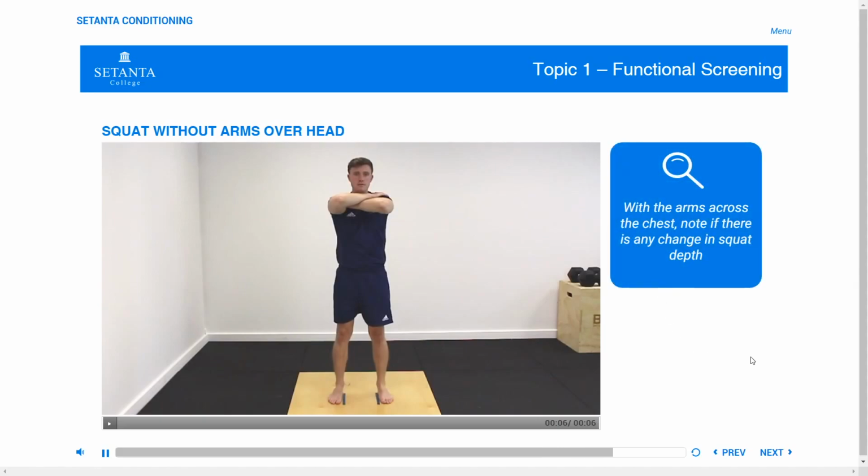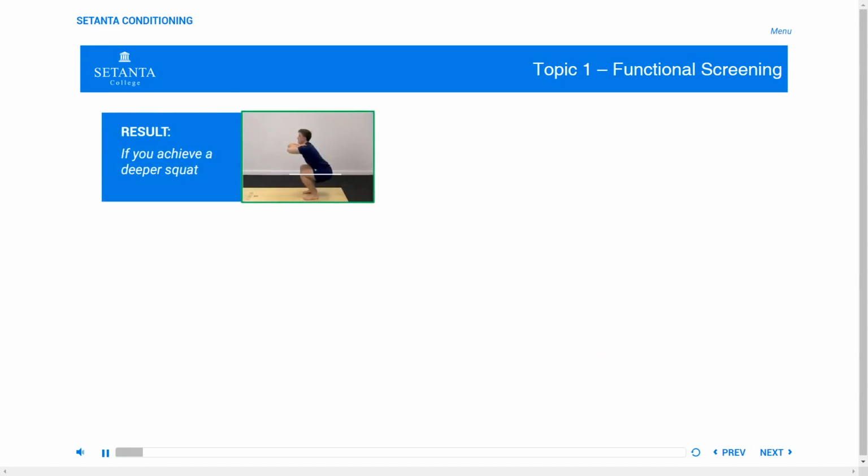With the arms across the chest, complete the standard squat, noting if there is any change in squat depth. Results. If you achieve a deeper squat without arms, then the restriction is likely in the upper quarter.